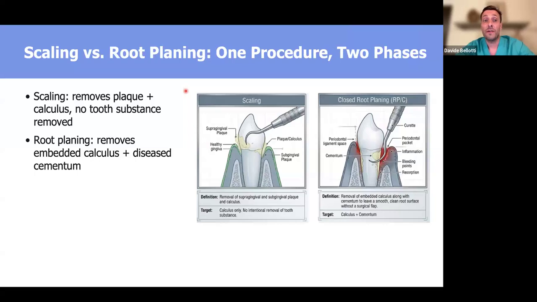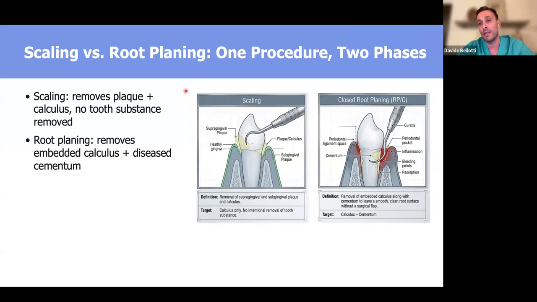And that's for a long-term maintenance of good oral health. But what's the difference between scaling and root planing? They are different procedures. Their procedures are done in a similar way, but are two different procedures. Scaling is just removing of plaque and calculus, so no tooth substance is removed. Why? Because we do it on the enamel.